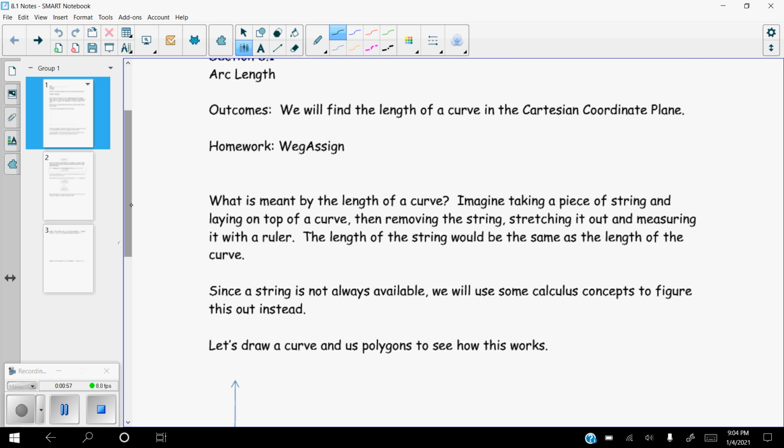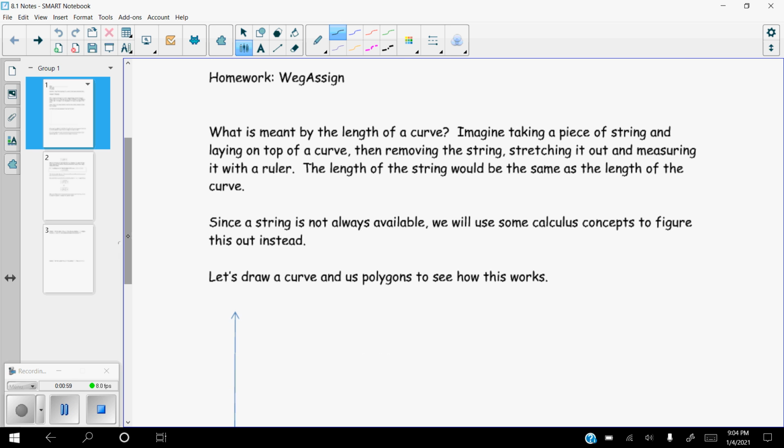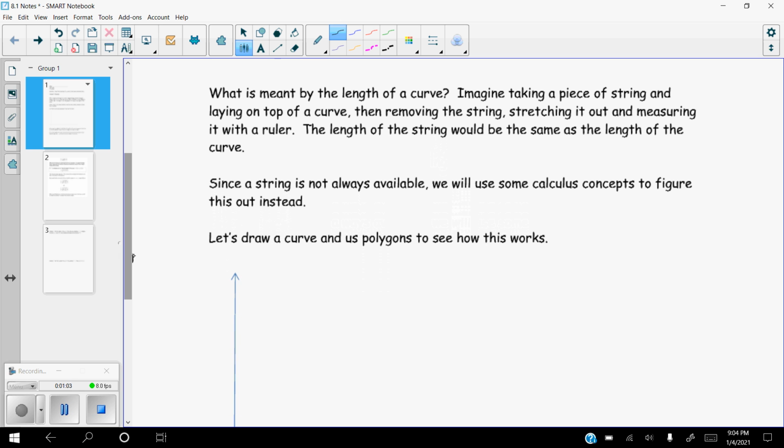So what is meant by the length of a curve? If you can imagine taking a string and laying the string exactly on top of a curve, then removing the string, stretching it out, and then measuring it with a ruler. Because the hard part would be to actually measure the curve using a ruler.